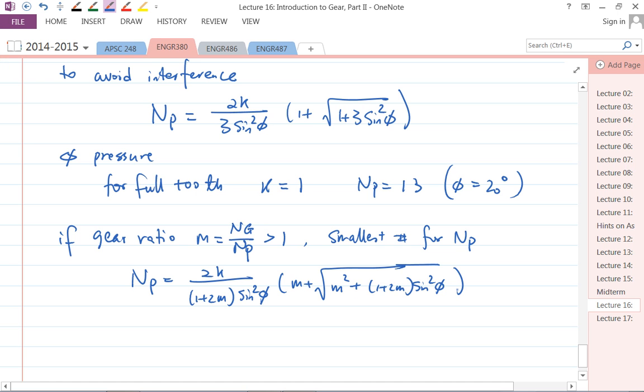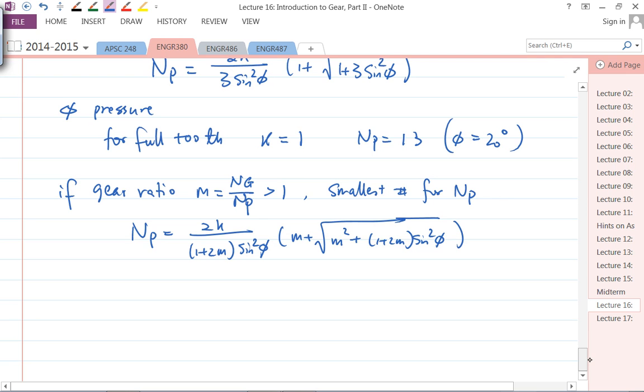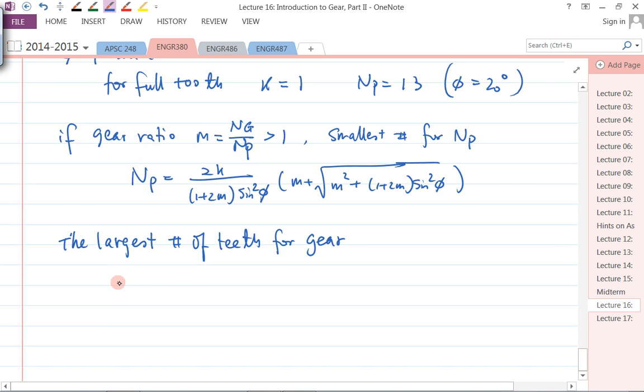Now, when gear ratio is not 1, okay, you also have, not just the smallest number of teeth for the pinion, you also have a constraint which is the largest number of teeth for the gear. So for this case here, you also have another condition. The largest number of teeth for the gear, and that number is NG.